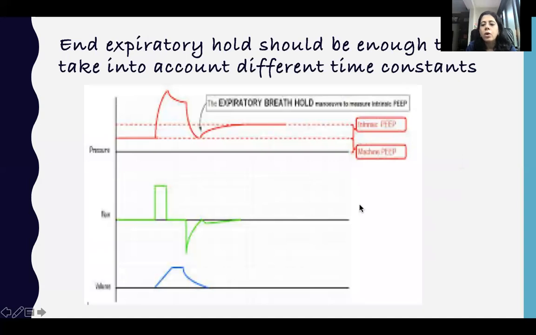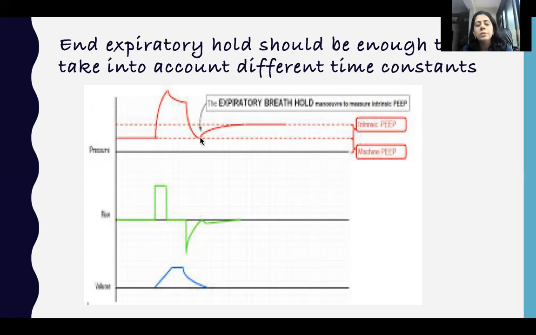Now, how do we measure auto PEEP in a ventilator? We have to give an expiratory hold in a controlled mode of the ventilator, where the patient is sedated and paralyzed, and not in a spontaneously breathing patient. The expiratory hold should be long enough to account for the different time constants that exist inside the lung.